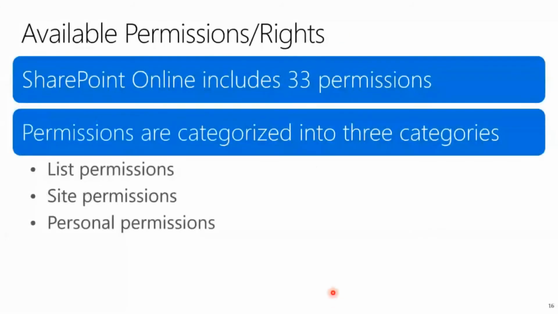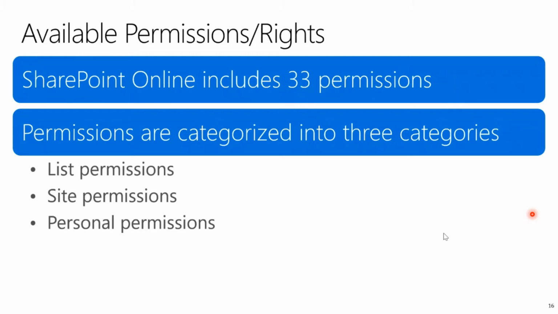All right, so that gets us to the topic of permissions. We looked at permission levels, wherein we saw that a group of permissions makes up a permission level. Permissions are inherently what can actually be performed on an object. For example, opening a document, creating a user, deleting a site, or creating a page.